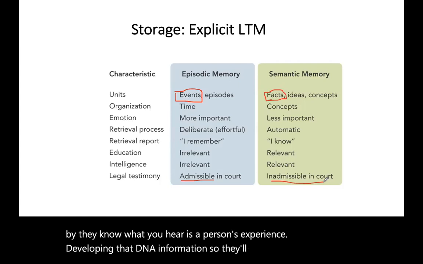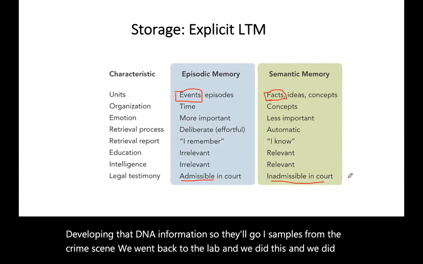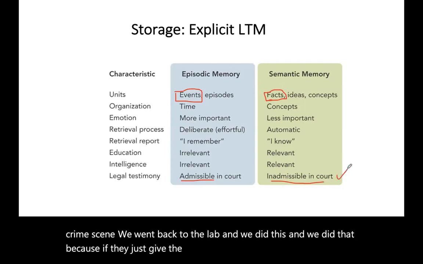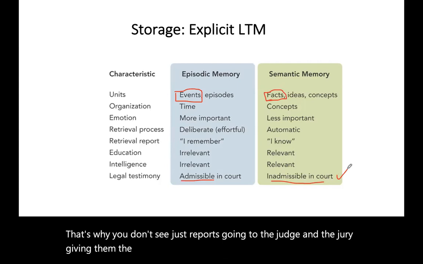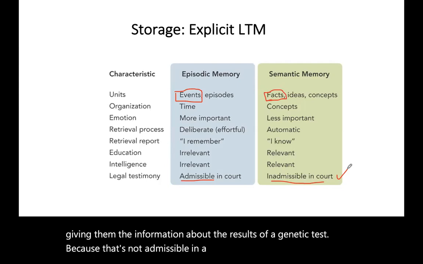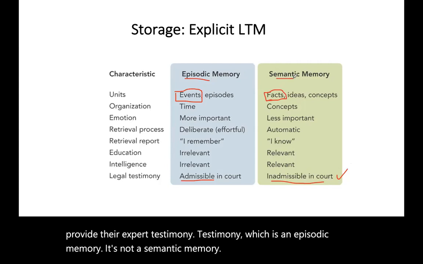So they'll go, well, I collected samples from the crime scene. We went back to the lab and we did this and we did that. Because if they just give the facts, that's not an admissible thing. That's why you don't see just reports going to the judge and the jury, giving them the information about the results of a genetic test, because that's not admissible in a court. They have to go in and provide their expert testimony, which is an episodic memory. It's not a semantic memory, which is kind of an interesting thing.